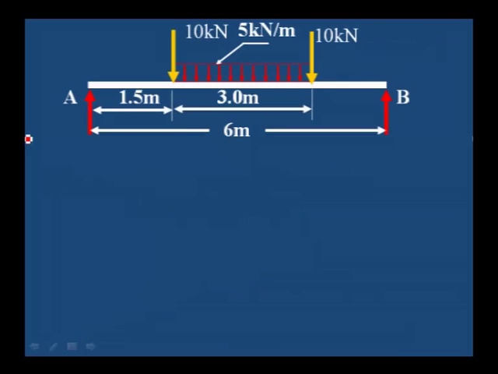Now we will consider one more drawing, one more beam which has a uniformly distributed load in between 2 point loads. One point load is acting on the left side and the right side, 10 kilonewton each, and the central load is 5 kilonewton per meter.